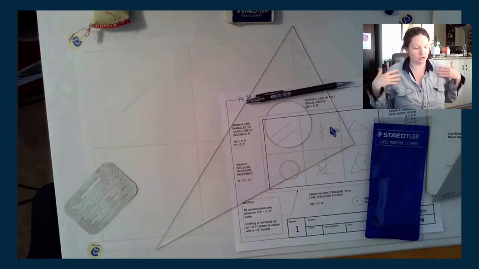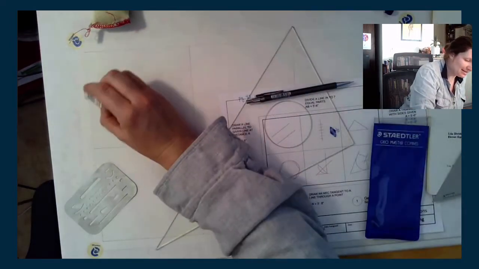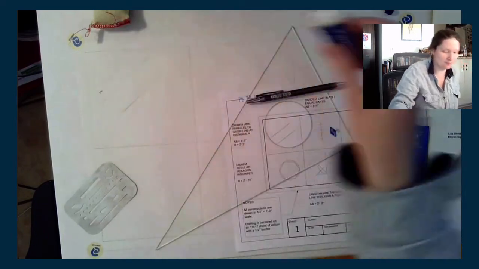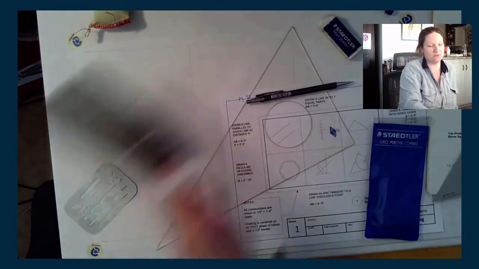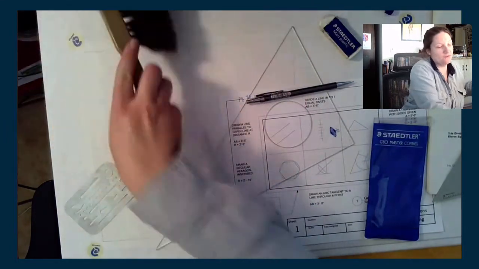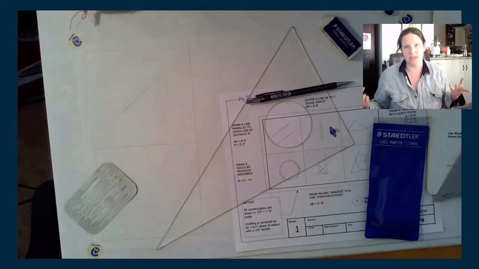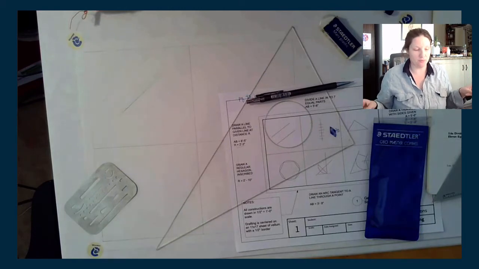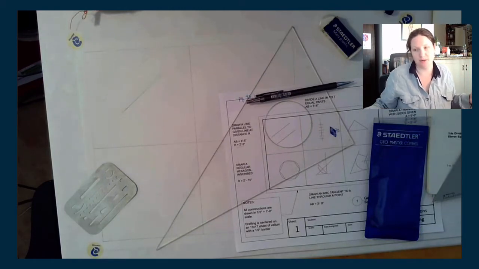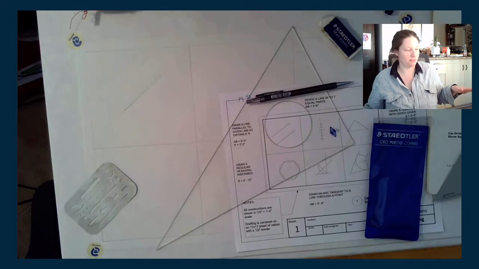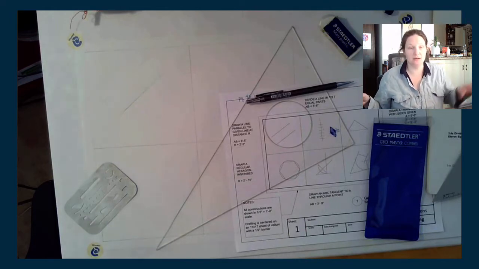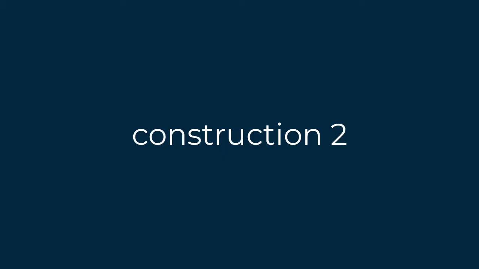But as always, I'm trying to avoid putting down HB lead until I'm ready because it will smudge much more, okay? And you'll find that on vellum, because of the surface of the paper, you'll get more smudginess than you would even on regular paper. So that's just something you want to keep in mind as you go. All right, so that is square one, done.